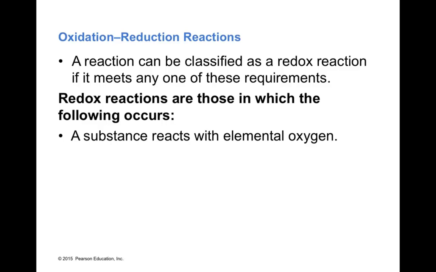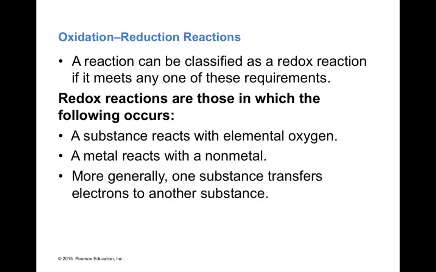Okay, if a substance reacts with elemental oxygen, it is an oxidation reduction reaction. Number two, a metal reacts with a nonmetal. That also will be an example of a redox reaction. And more generally, one substance transfers electrons to another substance. If you can identify that, that will be an example of a redox reaction.